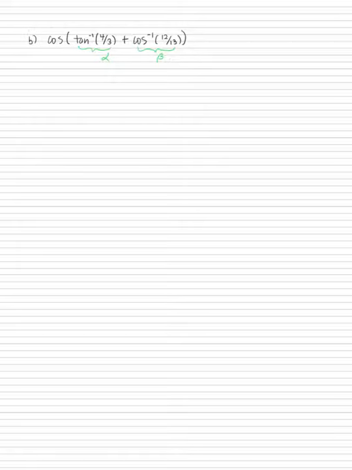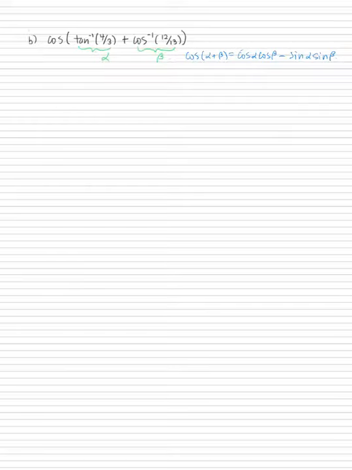Okay, so did you use this formula? Cosine of alpha plus beta. So it's cosine, cosine, and then sine, sine, and the middle sign is going to be negative. So let me just write it as cosine alpha, cosine beta minus sine alpha, sine beta.